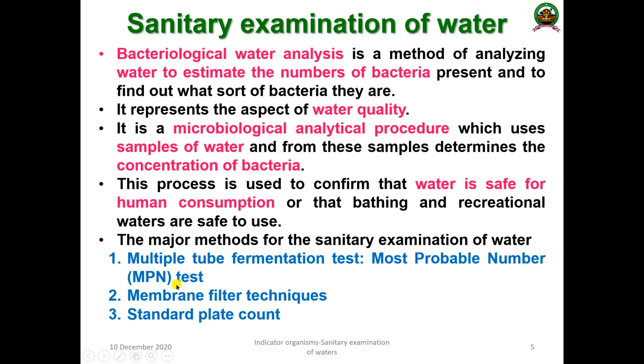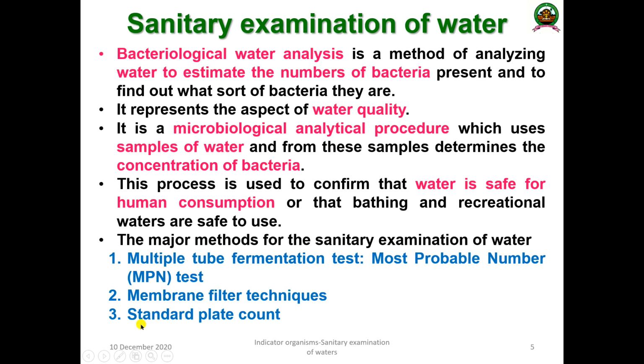This is one of the approaches which most of the companies utilize, and it does not require a lot of infrastructure or a lot of knowledge. It requires only simple knowledge for testing. The first test is known as the multiple tube fermentation test, or most probable number, MPN test. The next one is the membrane filter technique.